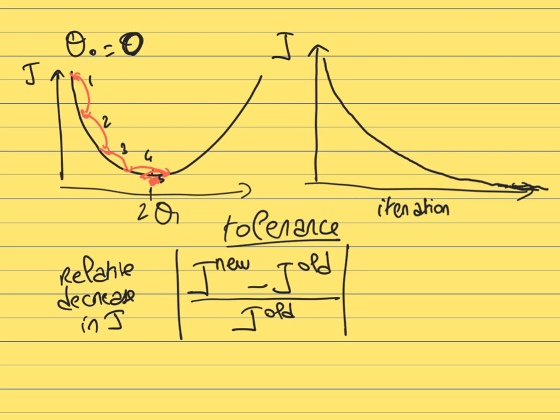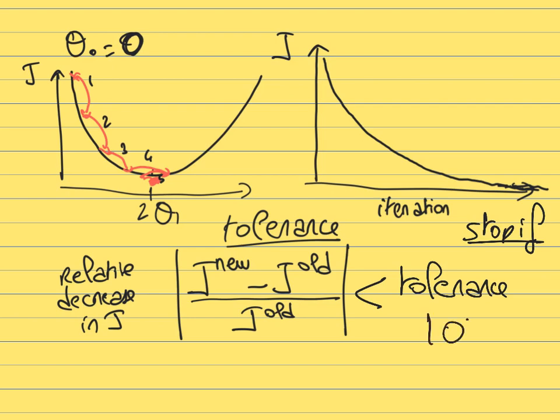So you can say that if the relative decrease becomes lower than a given tolerance that you have to decide, then the algorithm will stop. You will stop the gradient descent if the relative decrease becomes lower than a given tolerance. It's up to you to specify the tolerance that you want. For example, a typical value could be 10 to the minus 5, which is the same as 0.001%.